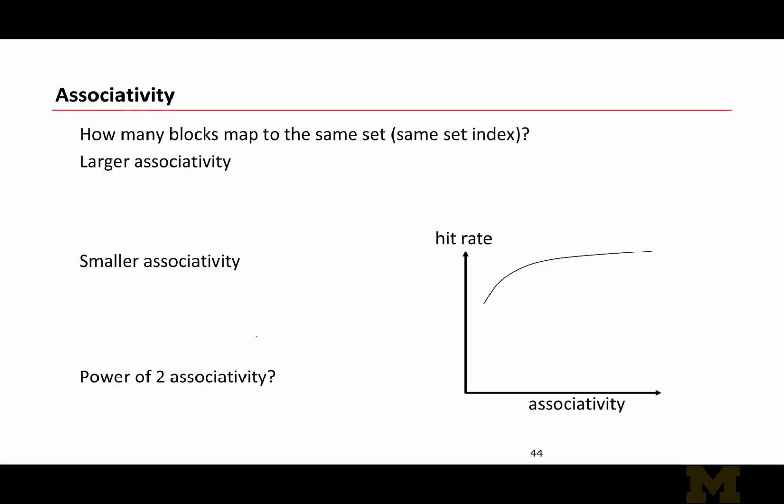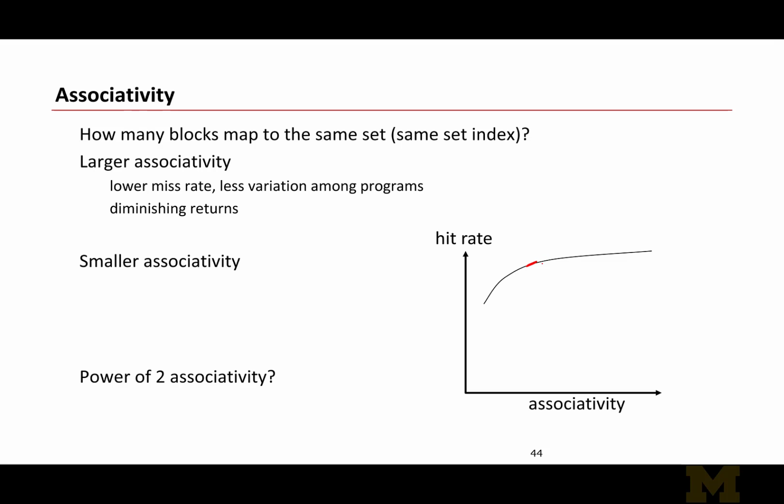So finally, we talked about associativity today, where higher associativity reduces the conflict misses, and so you can increase the cache hit rate. Obviously, it's beneficial from that perspective. But again, just like in the case of cache size and block size, there is a law of diminishing returns that kicks in, where the cache hit rate stops increasing.